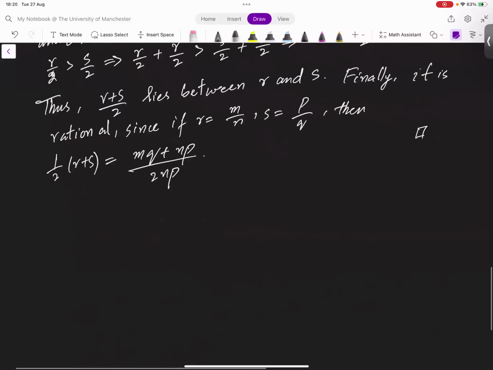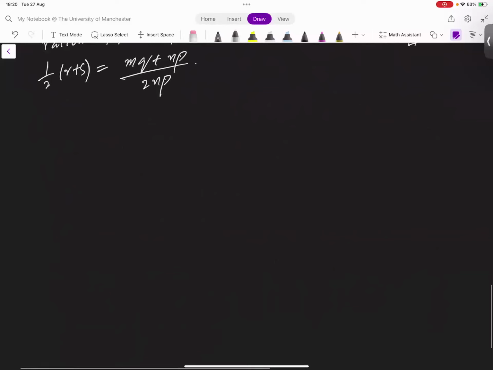Now, despite its innocent statement and quick proof, this is a rather significant result. For example, it implies that in contrast to the integers, there is no smallest positive rational, since for any positive rational x, there is a smaller positive rational, for example, 1/2 of x.